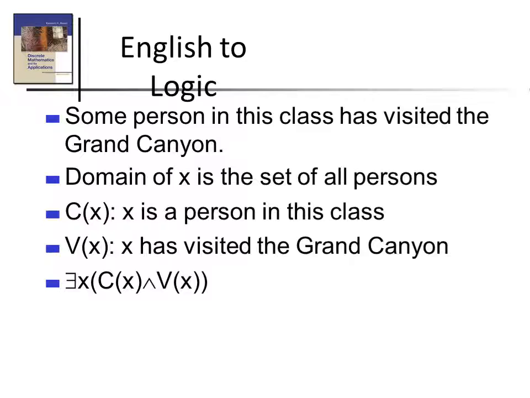But here it specifies some person, so we use there exists x. Then the conjunction of both predicates, because some person in this class and that person visited the Grand Canyon: C of x and V of x. Clear? Note from the English statement: if it says "for all," we use the universal quantifier for all x. If there is "some" or "a few," we use there exists.